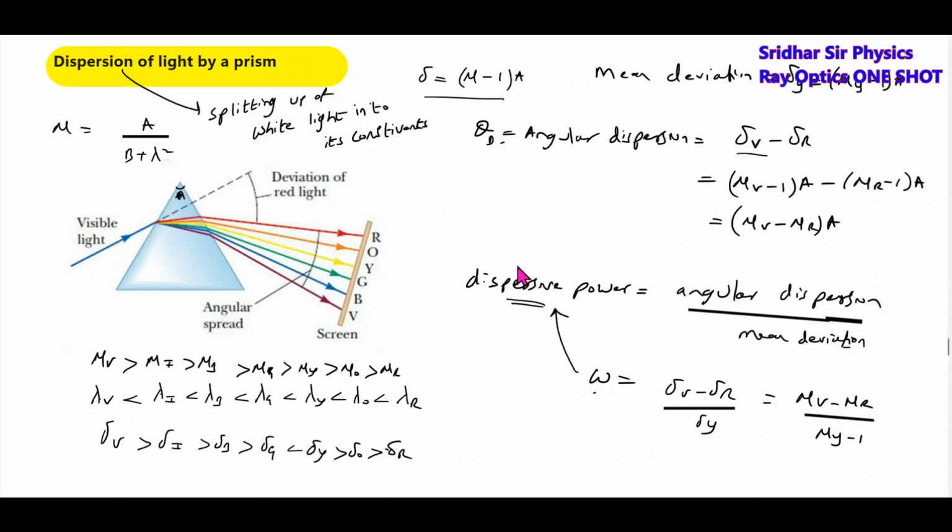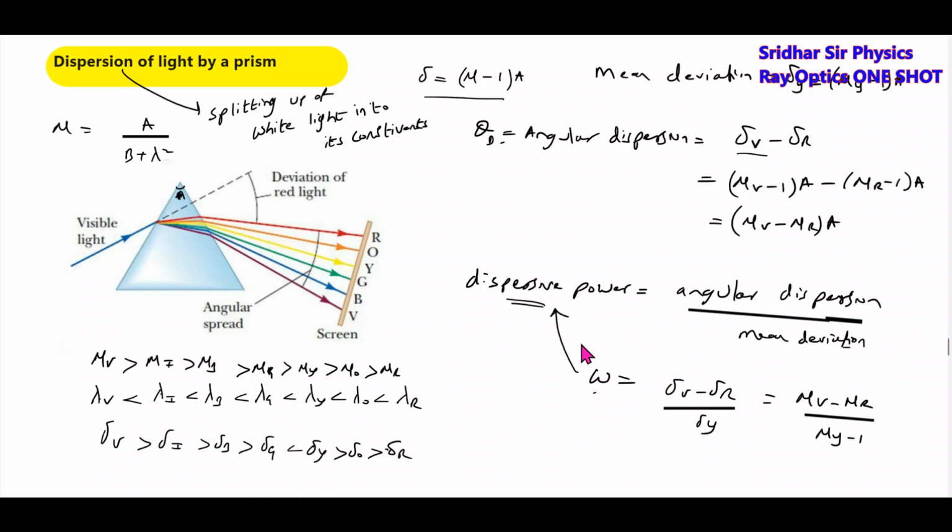What do you mean by dispersive power? If the dispersive power is greater, then you can see that the spectrum will be purer. You can see all the colors clearly visible and well separated, with no overlap. Then the dispersive power is said to be more, meaning it is able to split up white light into its constituents clearly.